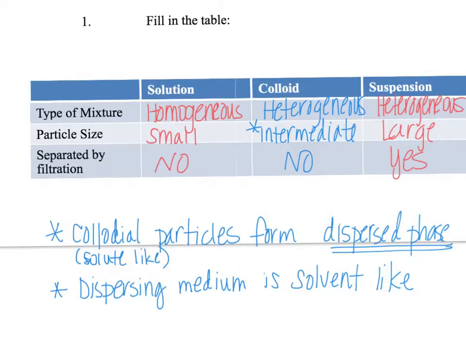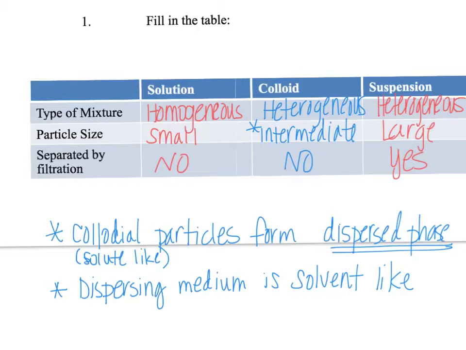And then I have this little side note right here concerning the particles of colloids. We talked about solute and solvent, but with colloids it's a little bit different. We call them the colloidal particles. They form the actual dispersed phase, and that's what's being dispersed throughout the colloid.